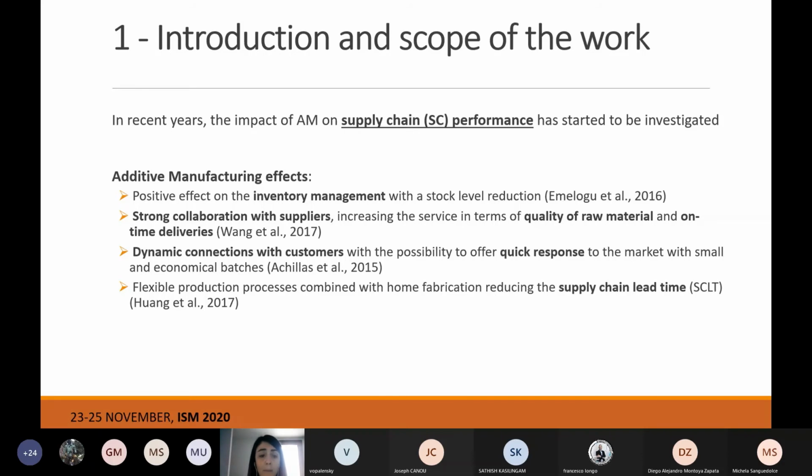Moreover, it promotes home fabrication, and it involves the customer in the design step, creating dynamic connections with customers and offering the possibility to give a quick response to the market. And finally, its flexibility and the promotion of home fabrication have a positive effect also on the supply chain lead time.